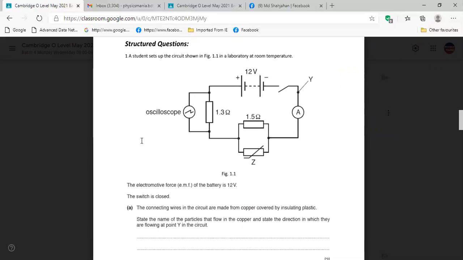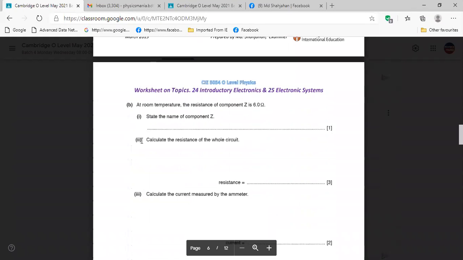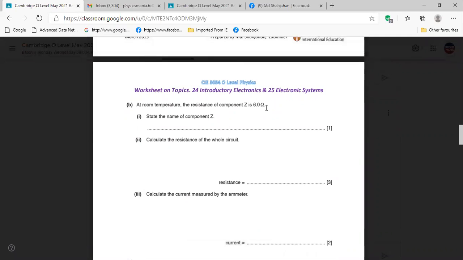So if the resistance in Z decreases, then the combined resistance RP, that is called RP, what will happen to that? Previously, you see, previously it has 6 ohm, right?